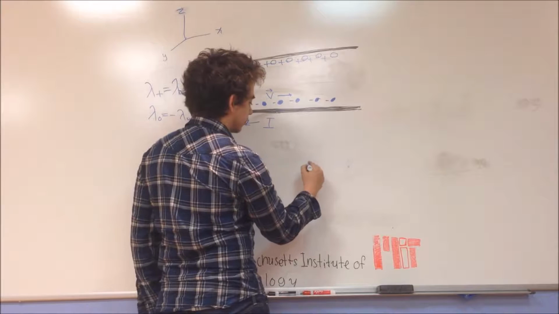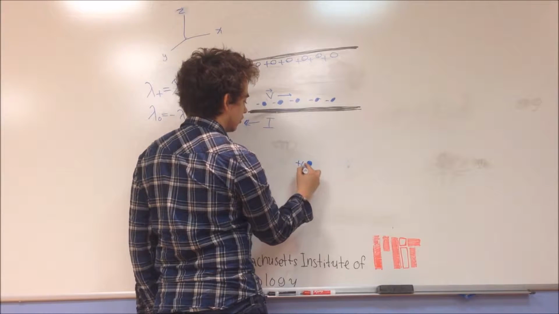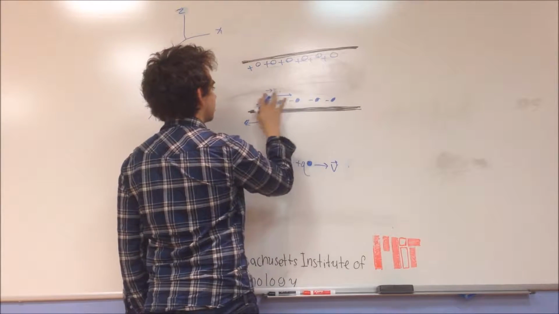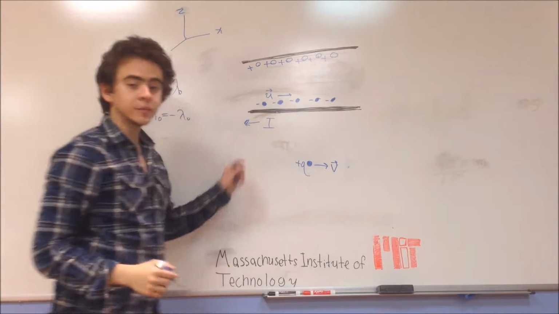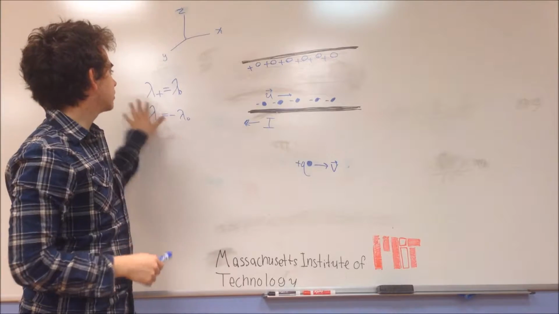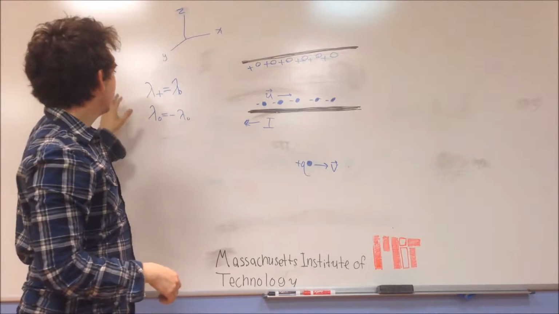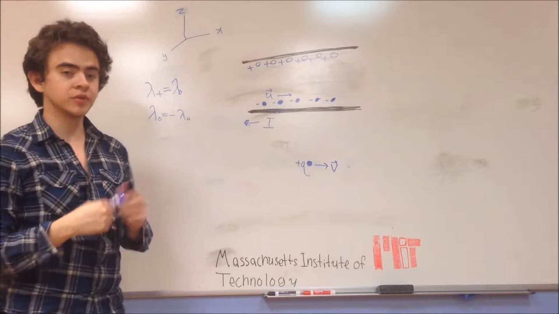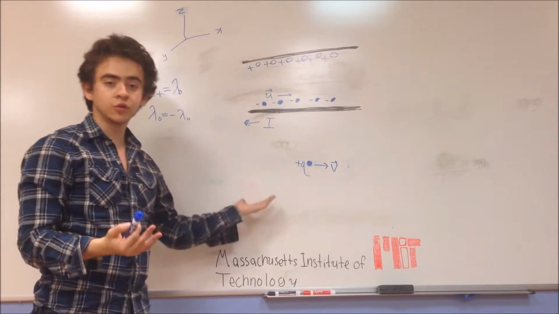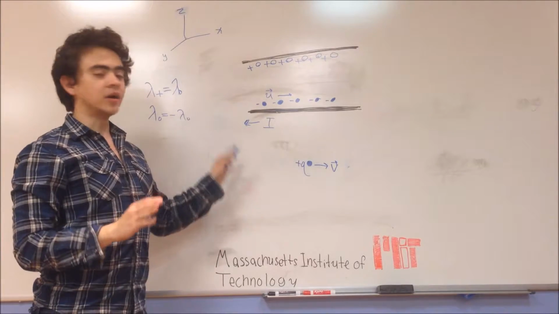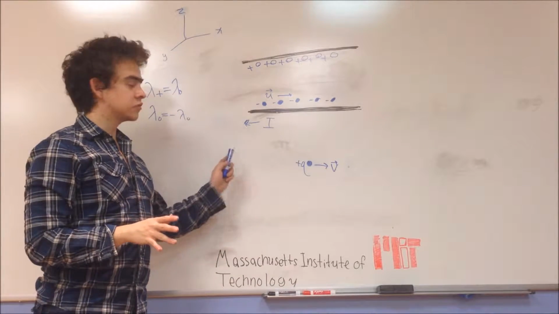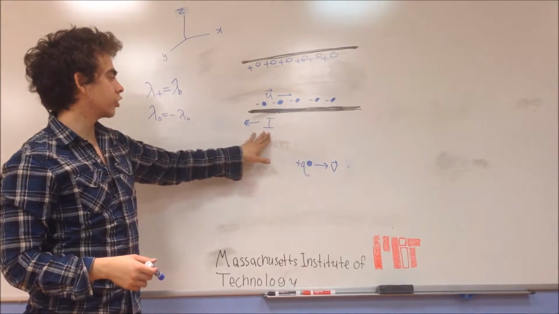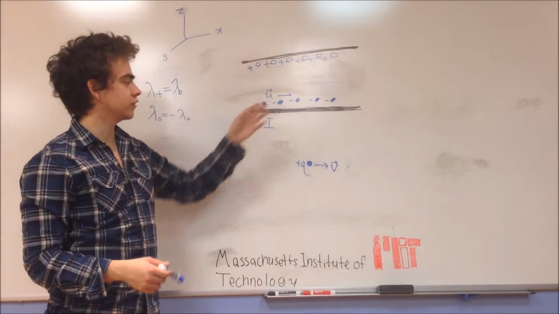Let's say we have a particle here with a positive charge Q, moving at a velocity v to the right. We have a neutral wire that has positive charges with a linear density of sigma and negative charges with a density of negative sigma, for a total of a neutral wire. The positive charges will be fixed, and the negative charges will be moving to the right, which yields a current to the left because these are negative charges.